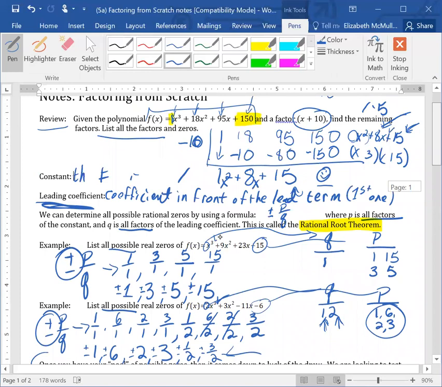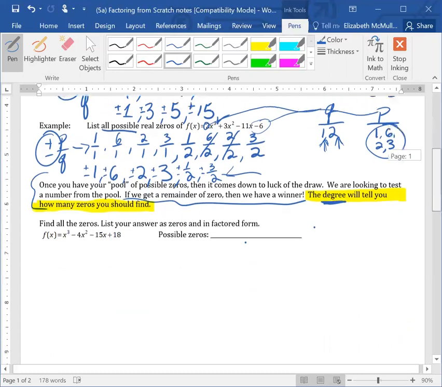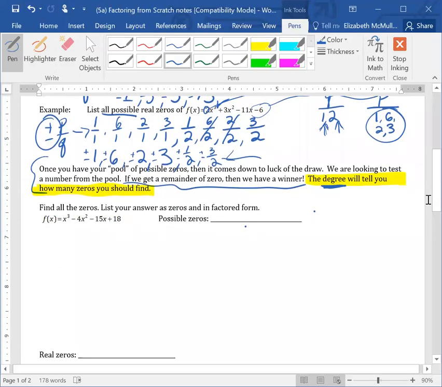This one is an x cubed, that's a third degree. Our one at the top is an x cubed, that's a third degree. So what does that mean? If it's x cubed, I'm going to be looking for 3 zeros. If it's x squared, I'm looking for 2 zeros. If it's x to the 5th, I'm looking for 5 zeros. If it's x to the 72nd, for some reason, I'm looking for 72 zeros. Whatever that biggest x is, you're looking for that number of zeros.